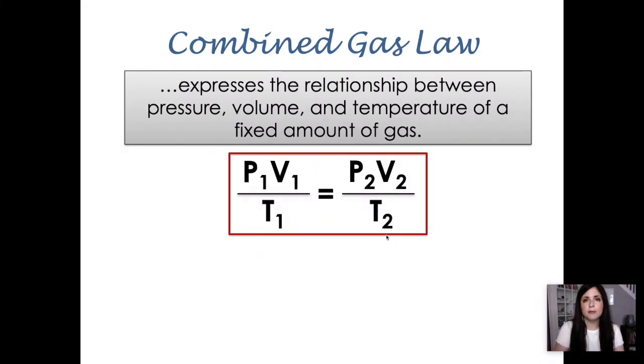But anyway, the combined gas law is actually useful for when we want to correct something for STP. So you might remember me talking about STP in one of the earlier videos, and I was saying, oh, if we do this reaction here and we collect some volume of a gas at our temperature and our pressure, what volume of gas would somebody in Hawaii collect at their pressure and their temperature? We could figure that out by using the combined gas law. If we have the volume of gas that we collected and our pressure and temperature conditions, we could figure out what volume that would be at a different set of pressure and temperature conditions.